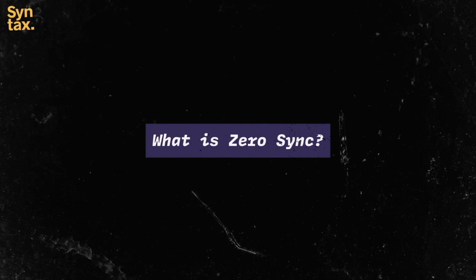So Zero Sync, what is this? What is this all about? It kind of comes out of the local first space. I know they were a little apprehensive about calling it a local first system, but local first is the term that has stuck, even though there's 6 or 7 different things that make up local first, like encrypted data and the ability to download your data.